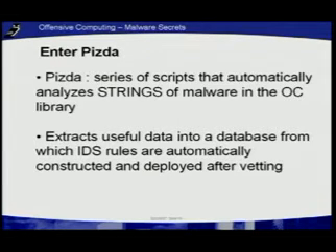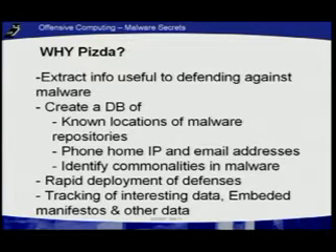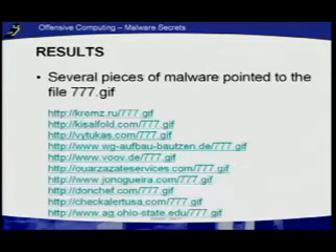And we have some examples of what we found. This is one of the more interesting ones. 777.gif came from approximately 36 unique sources from around the world. This was a call that was found inside of different pieces of malware to download this particular file. And I've just got a small sampling of the places that it was found.